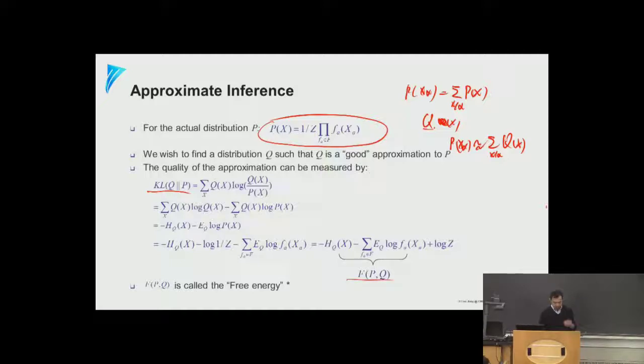And remember, we also said something like a lower bound of the likelihood. They are the same thing. They are the negative of the free energy, as we discussed in the last lecture. So this free energy is a surrogate, basically, of an objective that we can optimize to find a Q that is close to P.